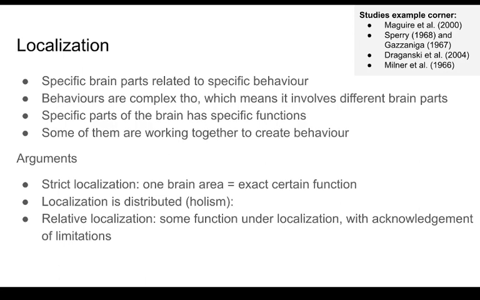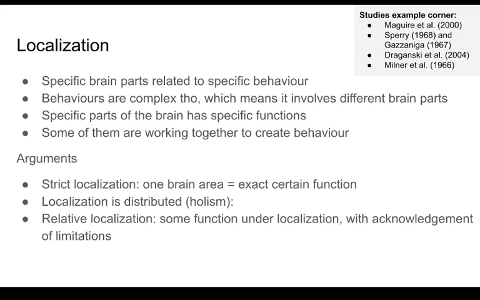I'm not sure if you guys learned that, but it was a study where someone's brain area was damaged and this guy Tan couldn't speak. But that's not a legit study for us to use in the psychology exam, but it's a good demonstration of strict localization.